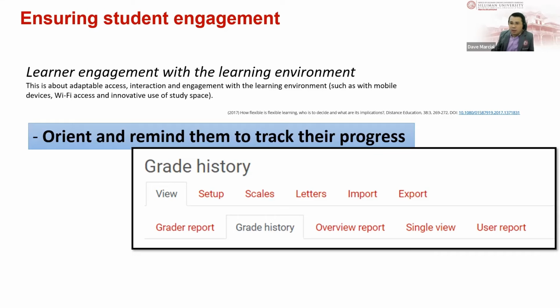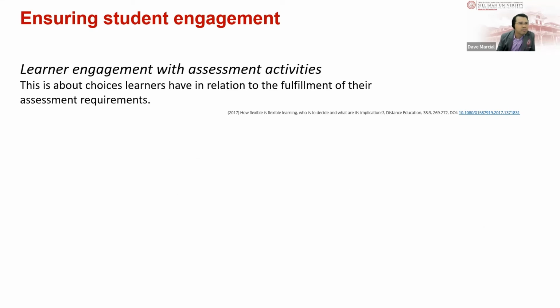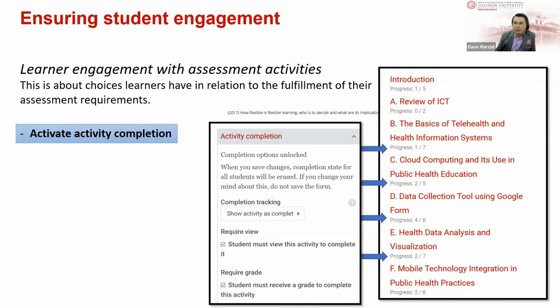But you don't need to do that individually. All you have to do is use your PLD and restriction. If submission is 3 out of 10, that is the time to send a reminder or notification.